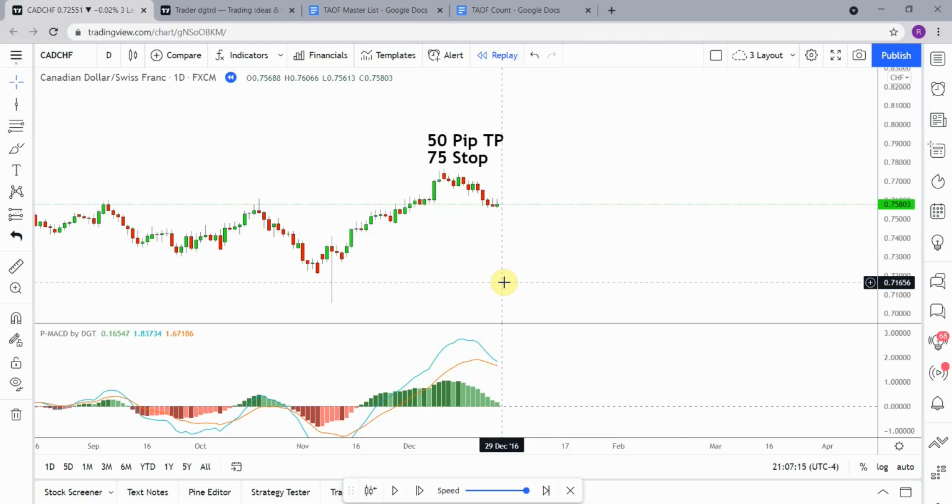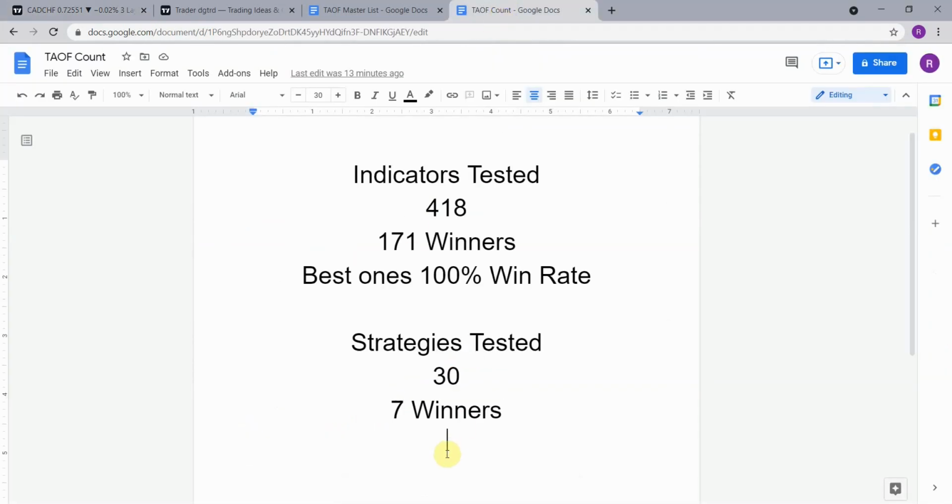Alright, as I said, today we will be testing the MACD indicator. Before we do though, I wanted to put the testing scoreboard up for everyone to see. So to date, we have tested a total of 30 different strategies, with 7 of them being winners.